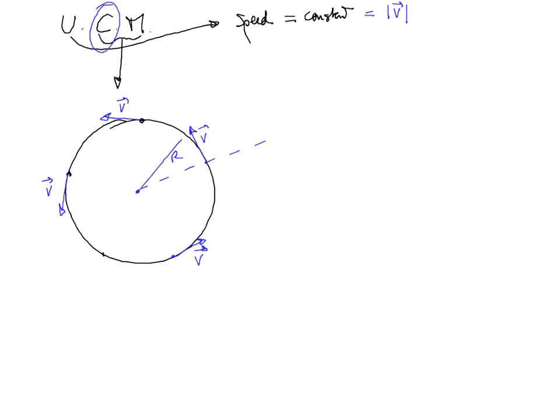And hence, we're going to consider the acceleration inward. So at any time, A is radial, and at any time, A is towards the center. And since A is perpendicular to V, A will have the effect of changing the direction only. So it's a change of direction, not a change of magnitude.